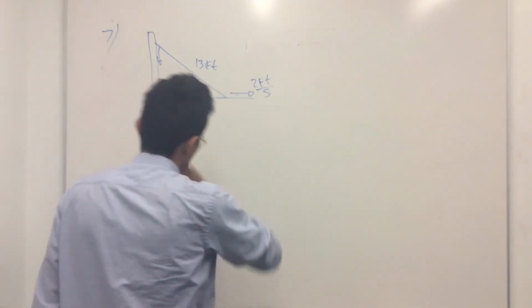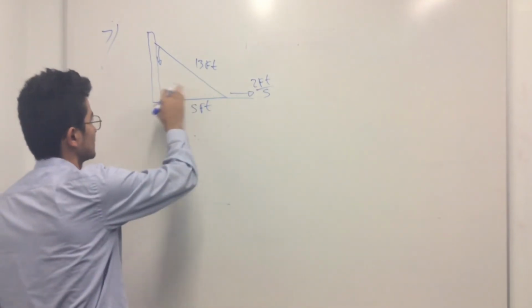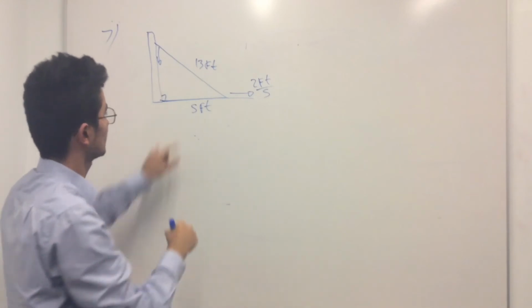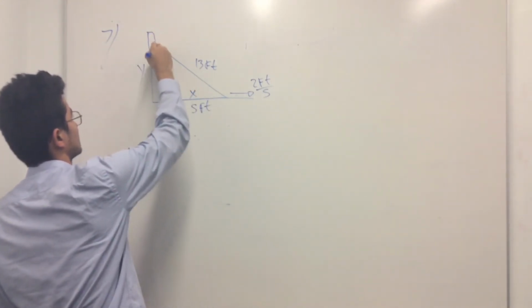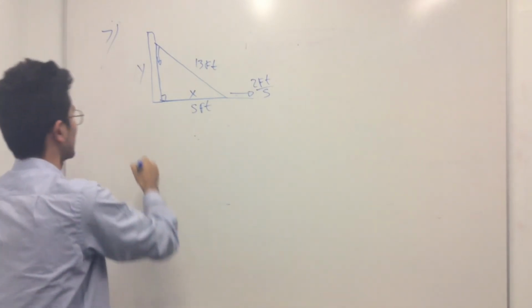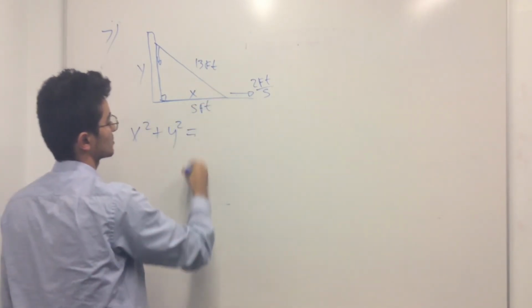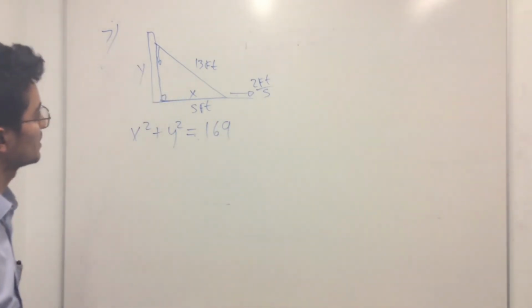Now, we can say the following things. We can assign a few variables for this. So suppose this is a right triangle over here. Let's call this distance x, and let's call this distance y, from here to here. So according to the Pythagorean theorem, x squared plus y squared equals 13 squared, which is 169. So that's a good piece of information.